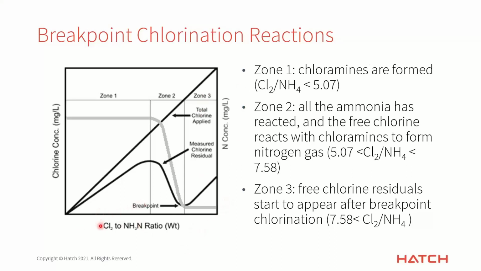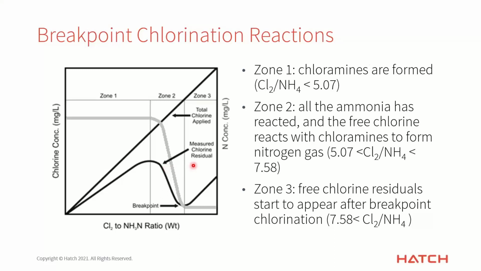In this first zone, this is where you first start dosing chlorine. Chloramines are formed up to a chlorine to ammonia ratio of about 5, so basically all the ammonia is reacting with the chlorine and making chloramines. In the second zone, all the ammonia has reacted, and now the free chlorine being added is reacting with the chloramines instead to form nitrogen gas.